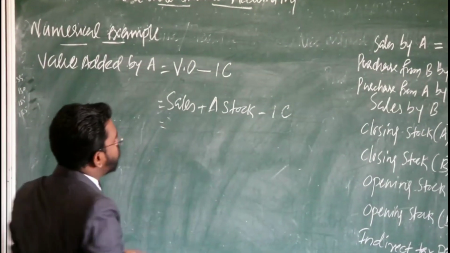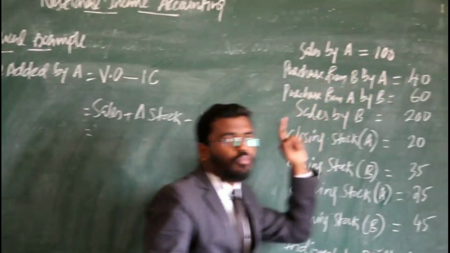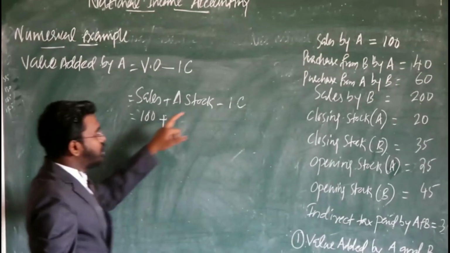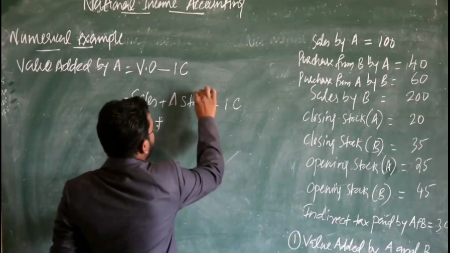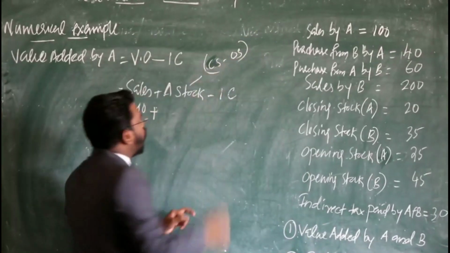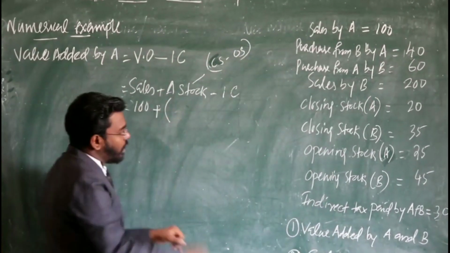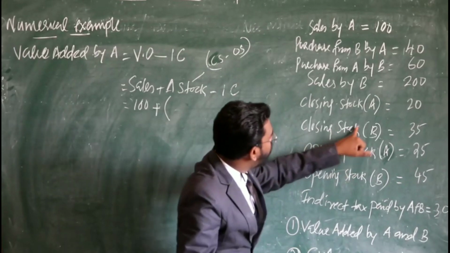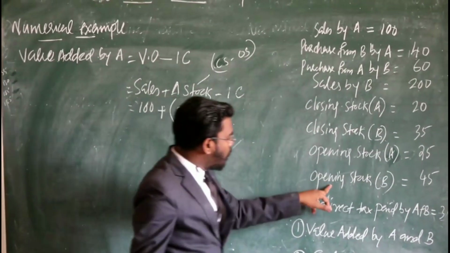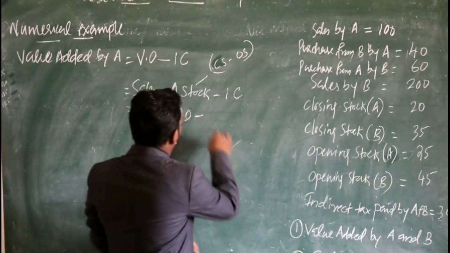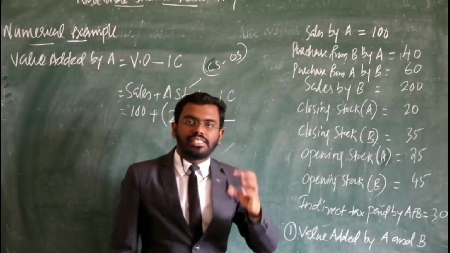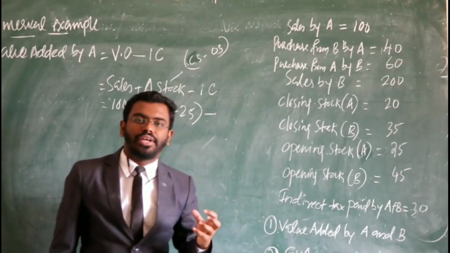So what is the sales of firm A? Sales of firm A is 100, plus change in stock. What is the formula of change in stock? Closing stock minus opening stock. Closing stock of firm A is 20 minus opening stock of firm A, 25, minus intermediate consumption, that is cost of raw material.